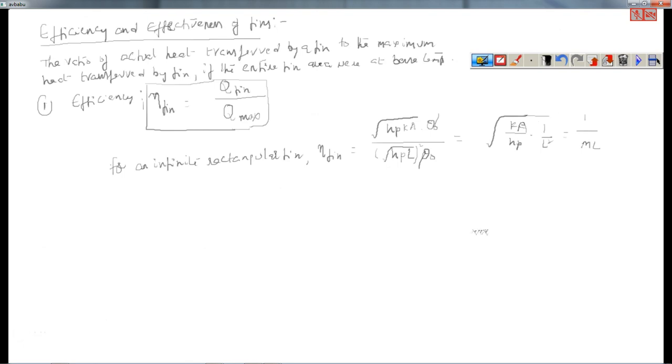This is 1 by ml. So this is for the infinite fin, right?